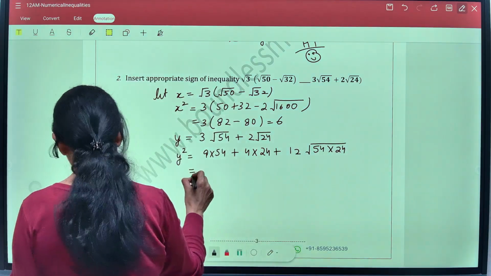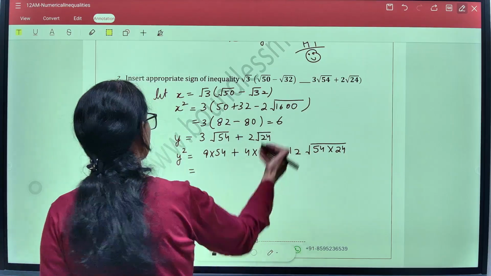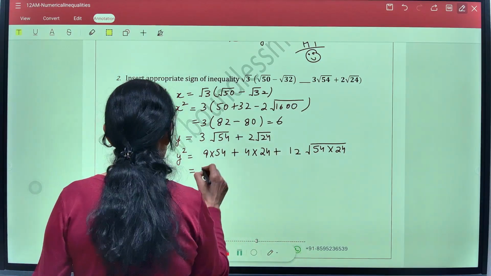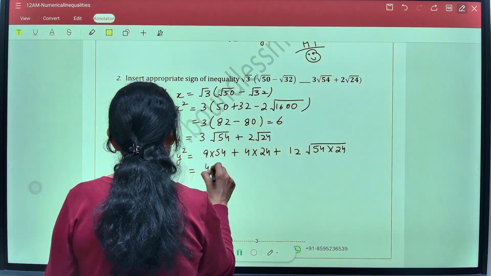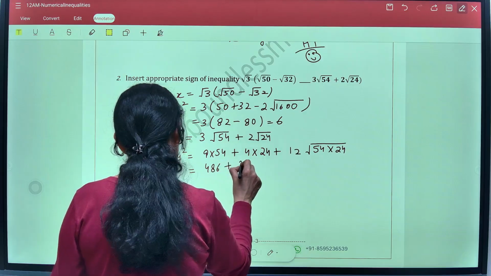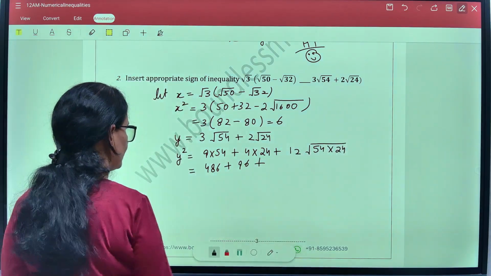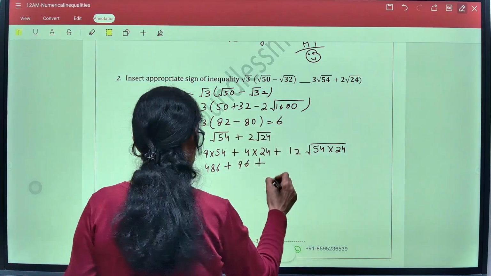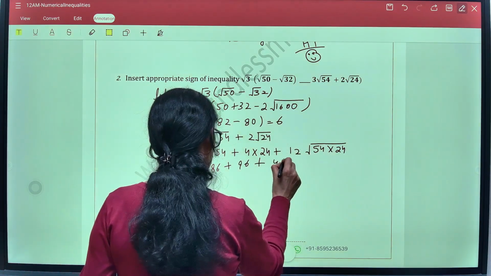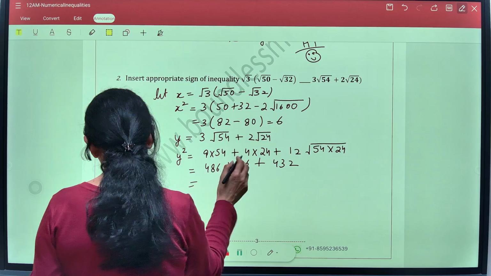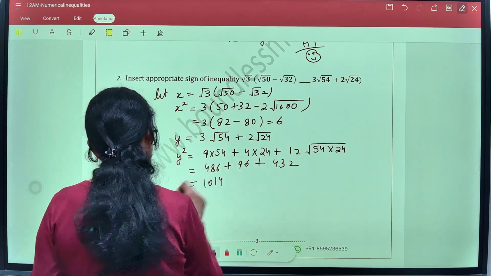Let's solve this further and find the final answer. Definitely it will be more than 6, but still we need to show the entire calculation. So this is 486 plus 96 plus you get 1296 here, and the square root will be 36. So 36 into 12 becomes 432. And when you add all these numbers, you get 1014.